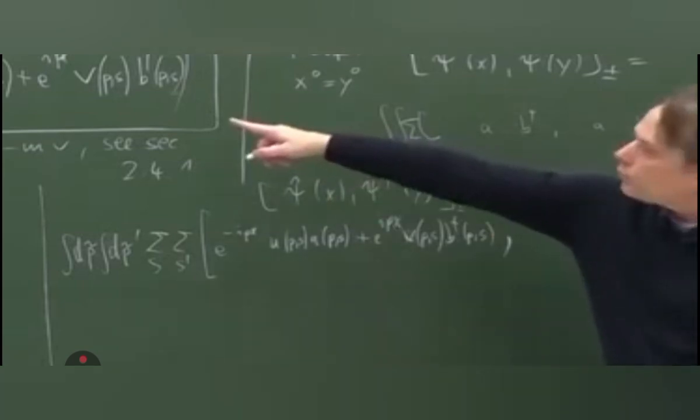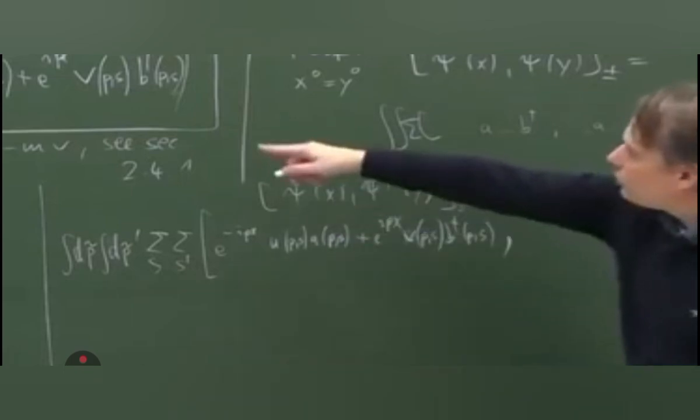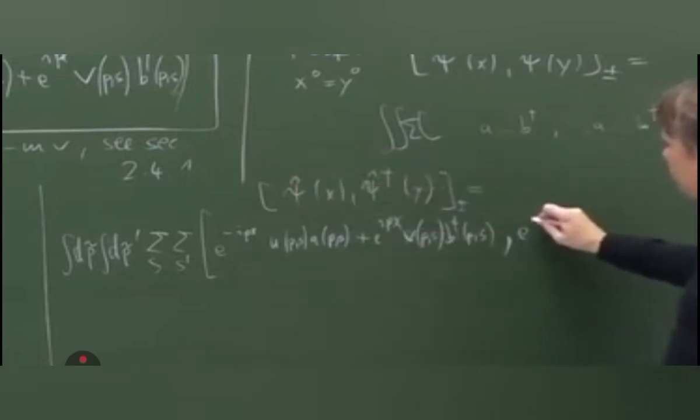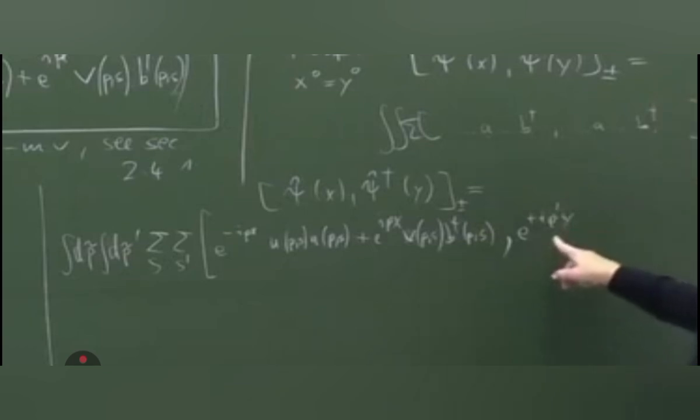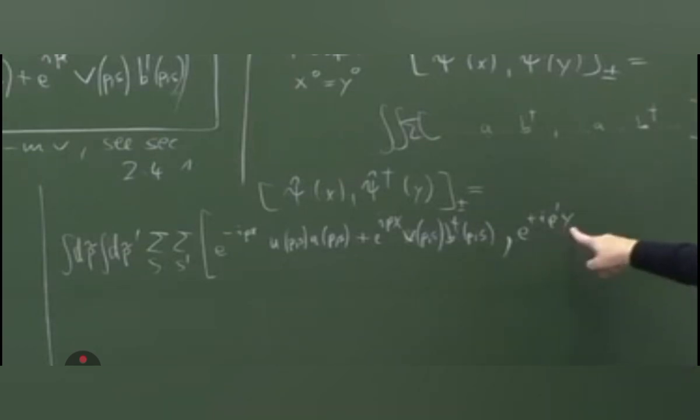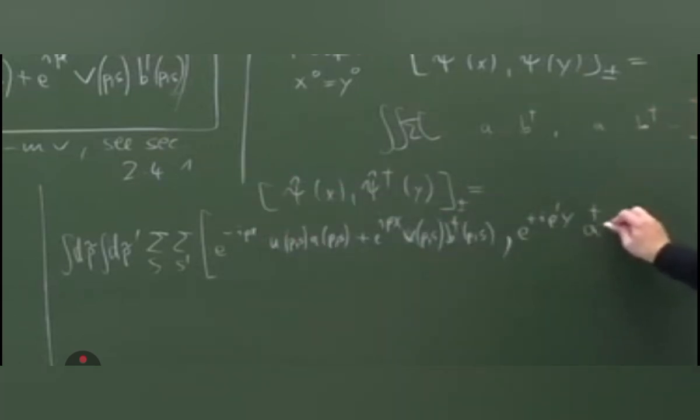So if we dagger this, then we get e to the plus I p prime y. So we have p prime as integration variable and y as the argument of the field. And then we need to dagger it. So we get a dagger of p prime s prime times u dagger of p prime s prime.